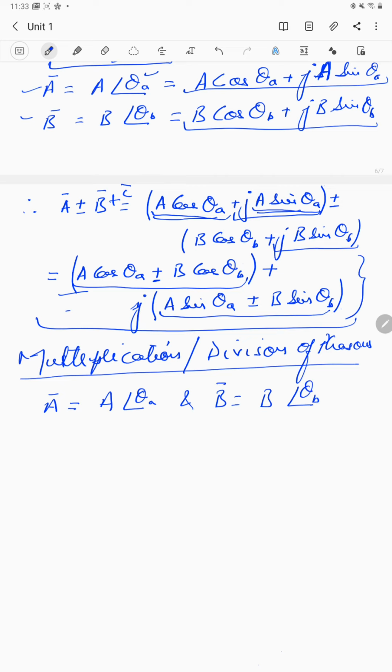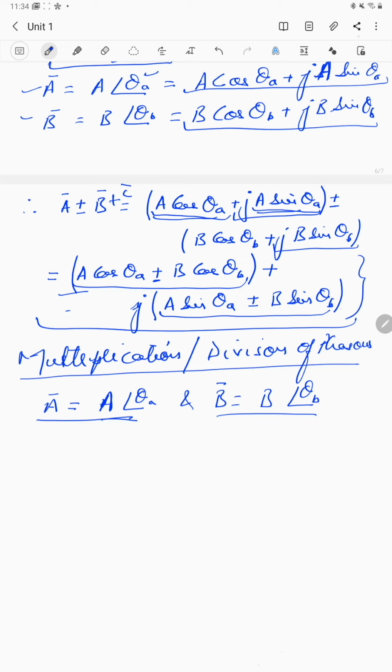Okay, now these two phasors are in polar form, and in case we have the phasors in rectangular form, then first we convert those phasors into polar form, then we do the multiplication and the division.